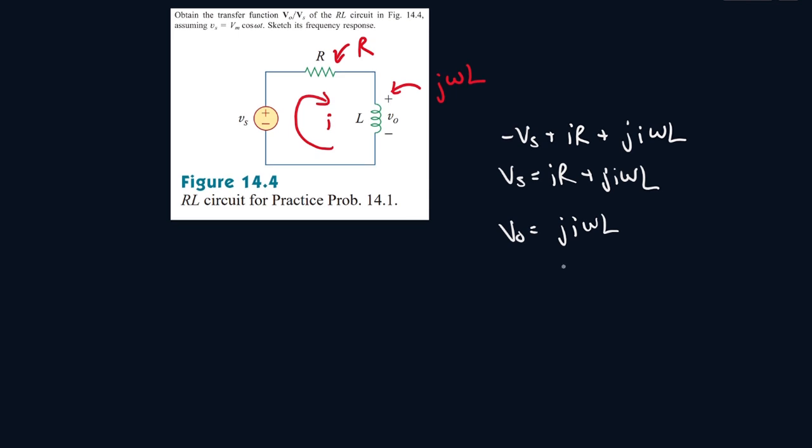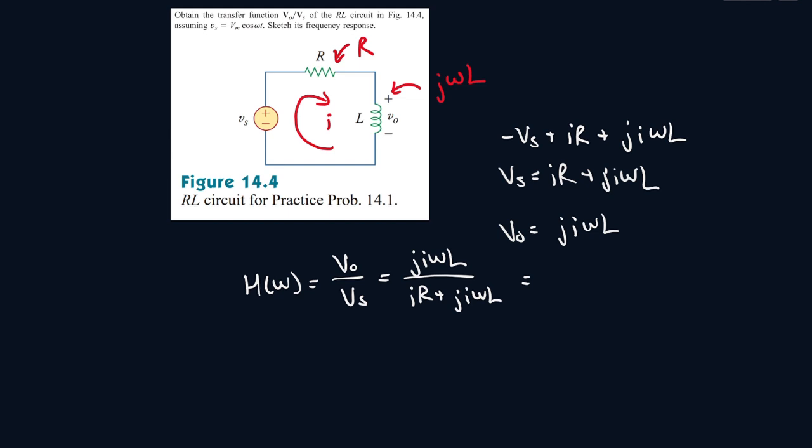So now let's find the transfer function. It'll be equal to VO over Vs. So, JIWL all over IR plus JIWL.